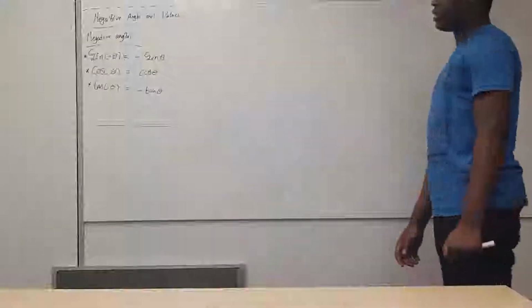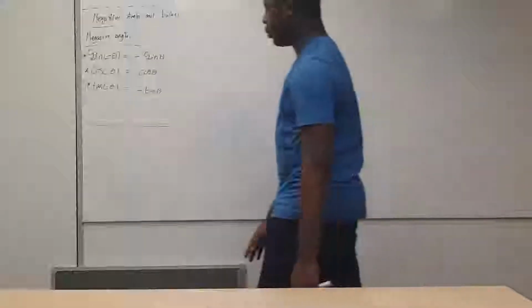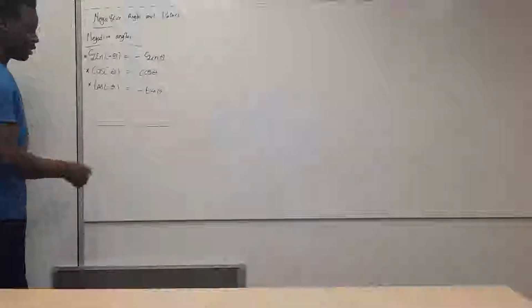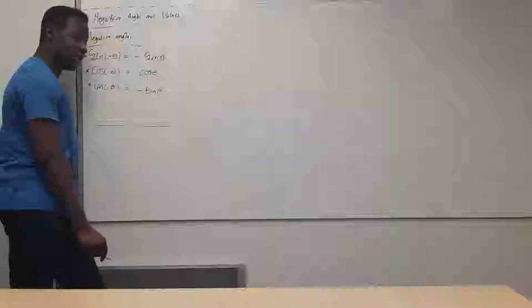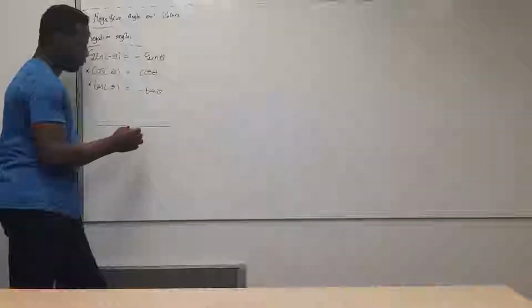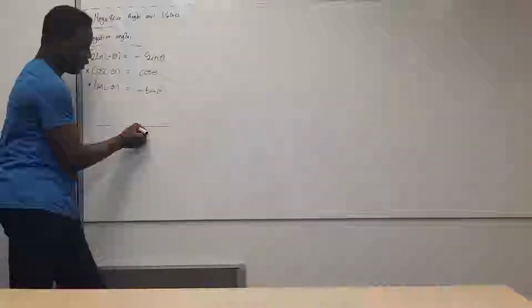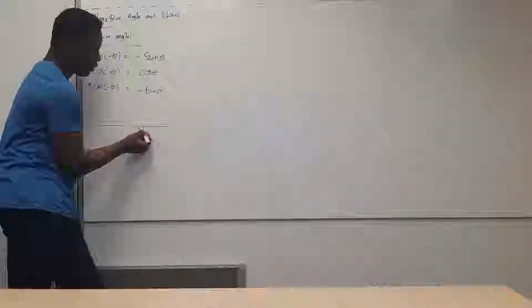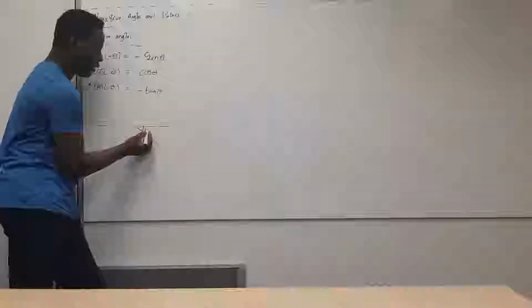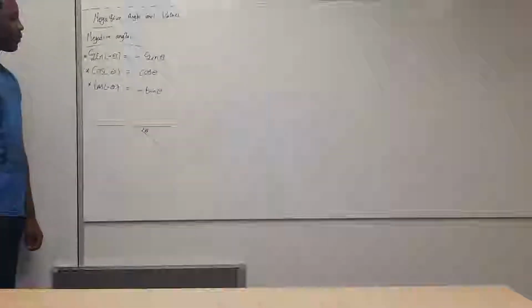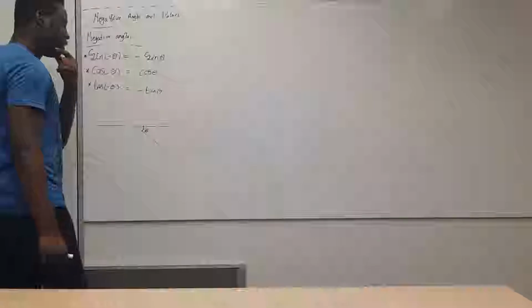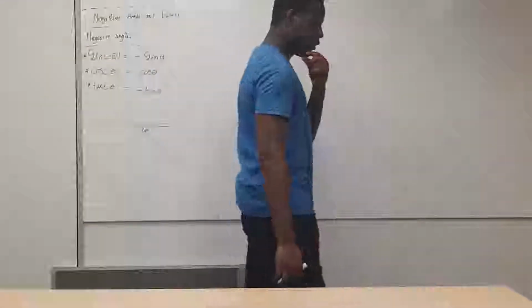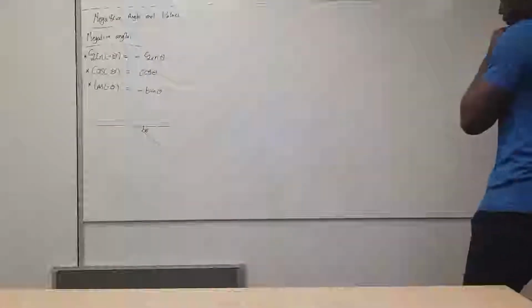We measure from 0 to 45 to 90 going anticlockwise. If we measure an angle negatively, say the angle is here, and we say this angle is phi, we can write it in two ways: in its positive form and its negative form.